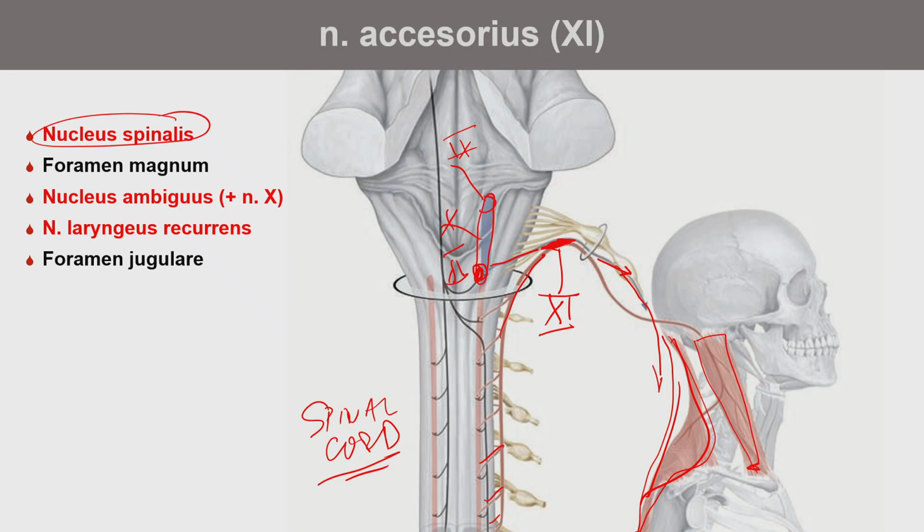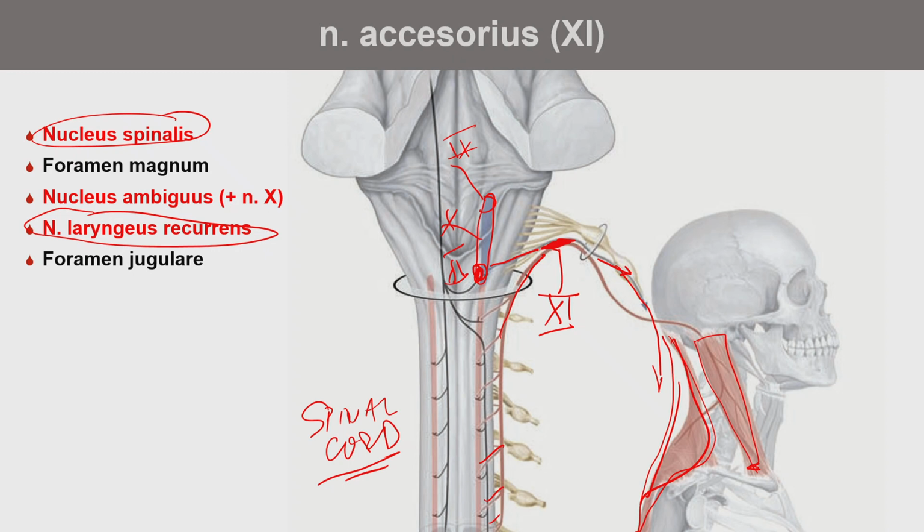So this is a branch which forms the recurrent laryngeal nerve. So when I ask you during examination which nerve is innervating the inner muscles of the larynx, forming the voice, you could correctly say that it's the recurrent laryngeal nerve.